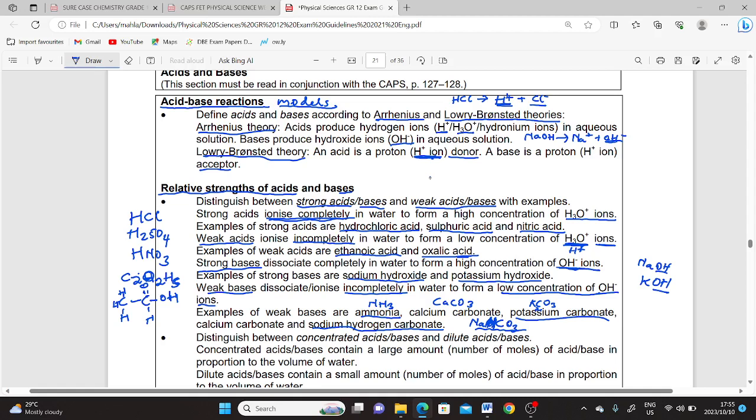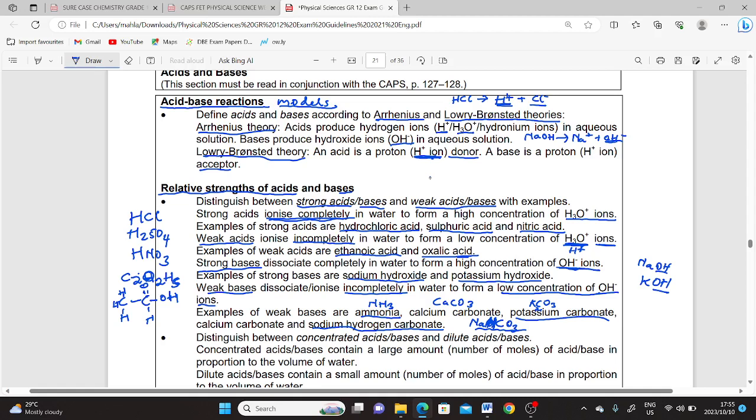Right, now this is the difference between the relative strength of acids and bases. So these are the definitions of the weak acid, strong acid, weak base, and strong base.